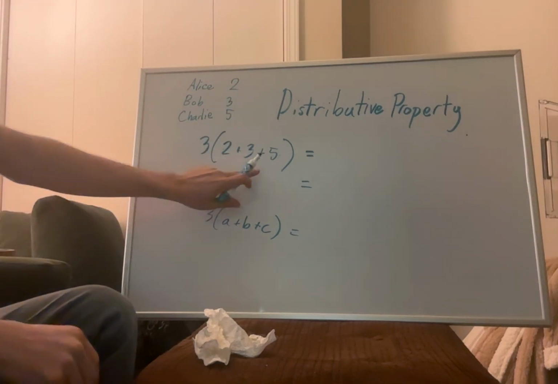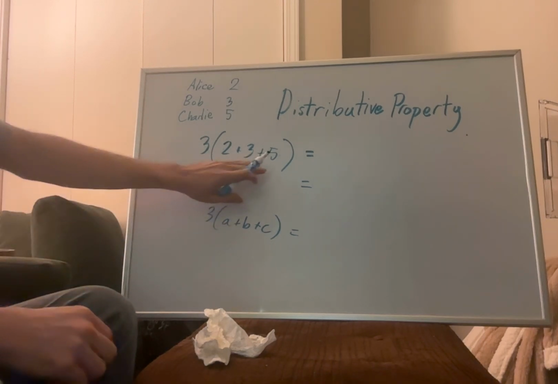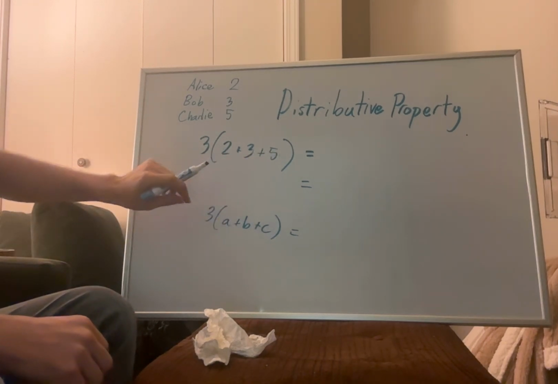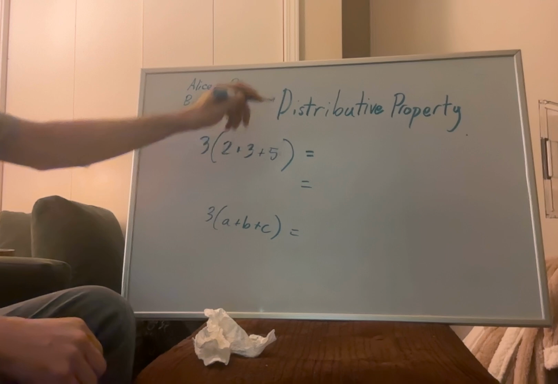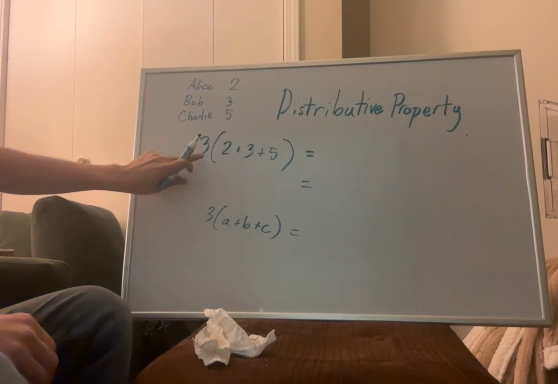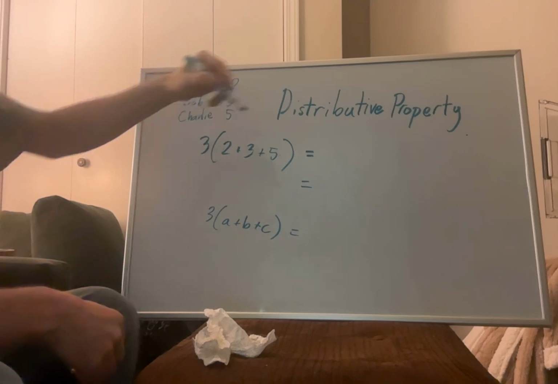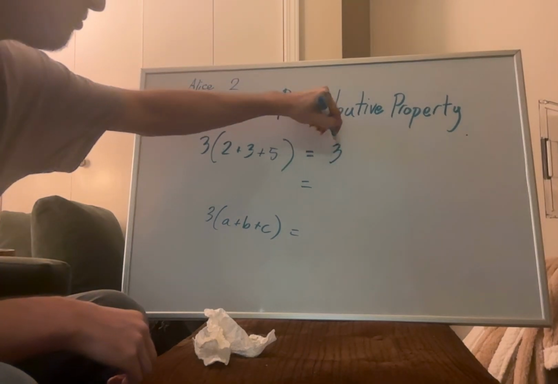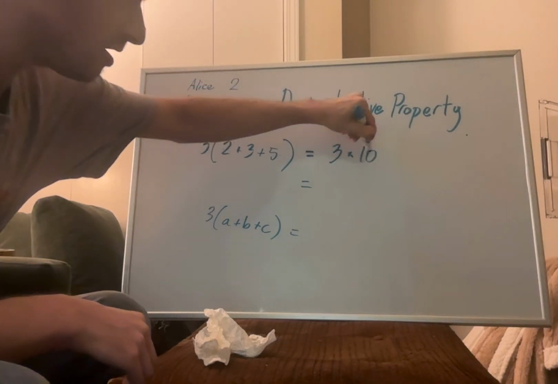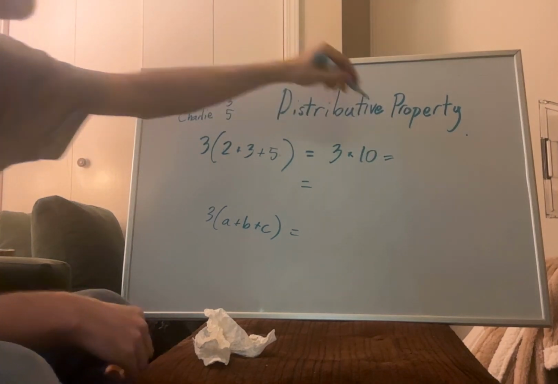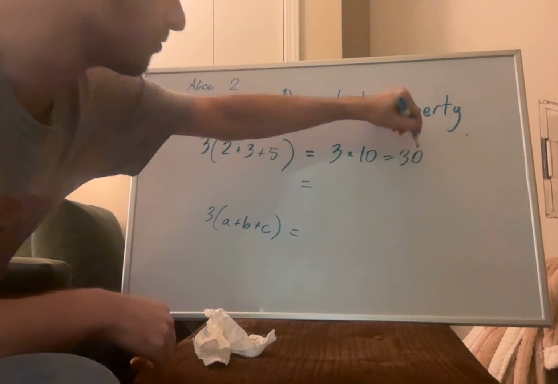Order of operations would tell us that we should add these up first. 2 plus 3 plus 5 is 10. And remember, there's no symbol here, so this is going to be an implied multiplication. So we could say that this is 3 times 10, and that's a simple computation. That's just going to give us a total of 30 toothpicks.